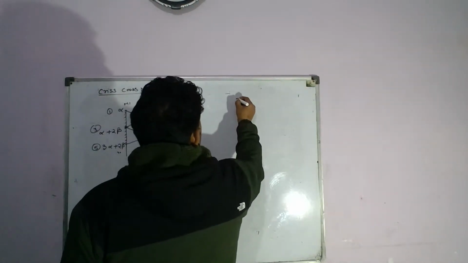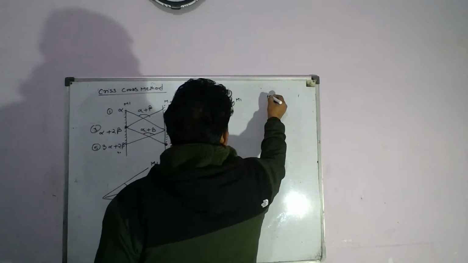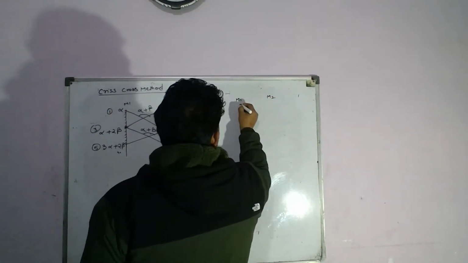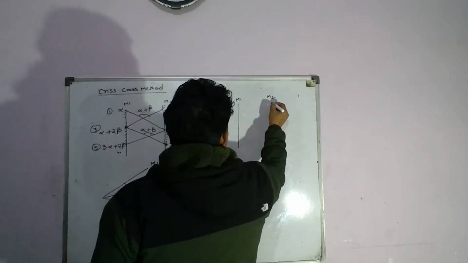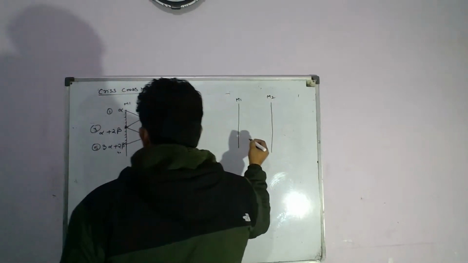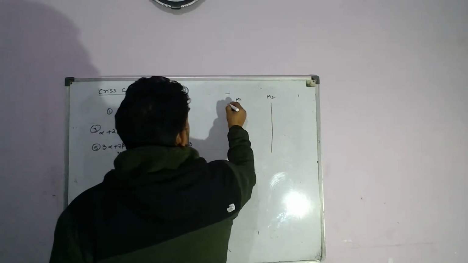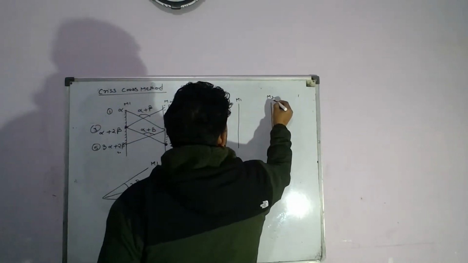Meaning there is no overlapping. The overlapping concept is, you remember, M1, M2, and this angle is 20 and this is 30.